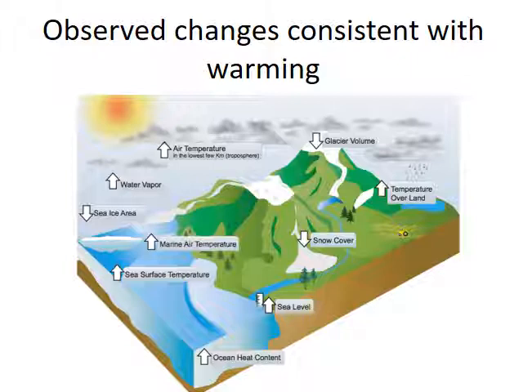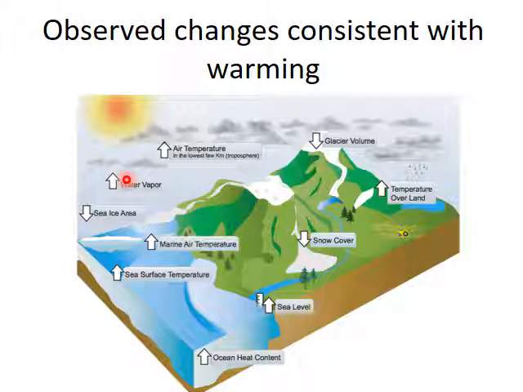We have warming of surface temperatures, of sea surface temperatures, of temperatures in the ocean in terms of ocean heat content. We have air temperature, or tropospheric temperature, measured by satellite observations, warming. Of course, then the snow cover is decreasing, glaciers are decreasing, sea level is rising because of the thermal expansion of the seawater. Sea ice is declining, water vapor is increasing, so specific humidity.